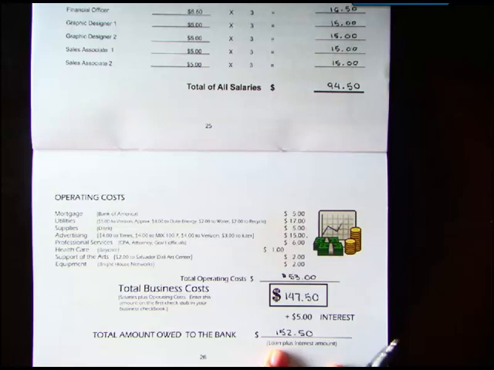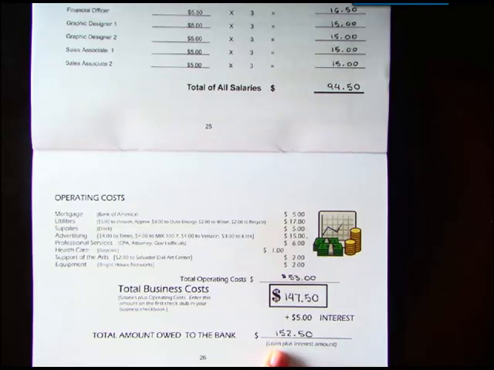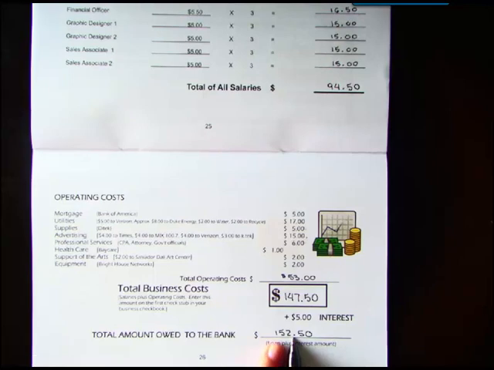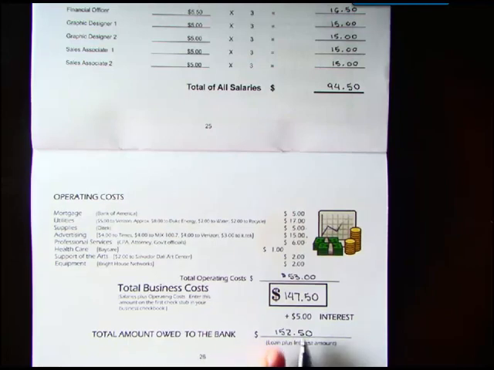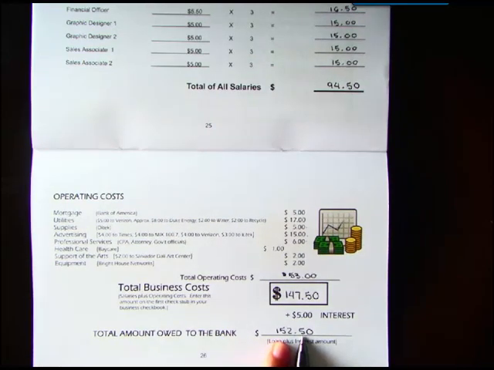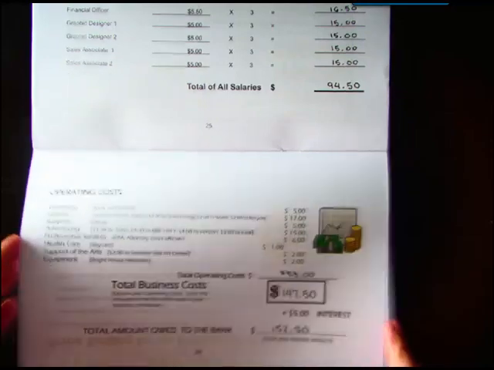So when we add up our amount, it needs to be $40 to $60 more than this. So it needs to be somewhere between $192.50 and $212.50. Okay, so it's $40 to $60 more than that. That's how you're going to make your money.